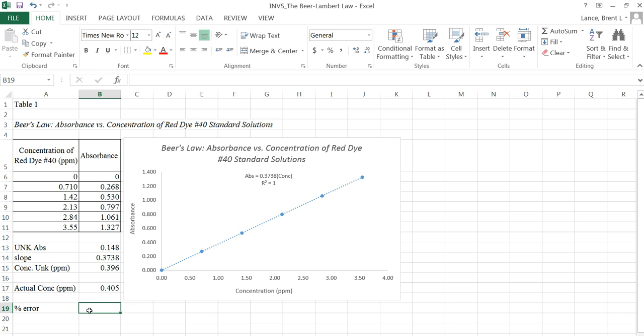So the way you would type this in Excel and let Excel calculate that would be in that cell right beside that, click in the cell, type an equals mark, and then the first thing is just take absolute value of the two things, this minus that. Okay, and whatever that is gets divided by the actual concentration, and then times 100.